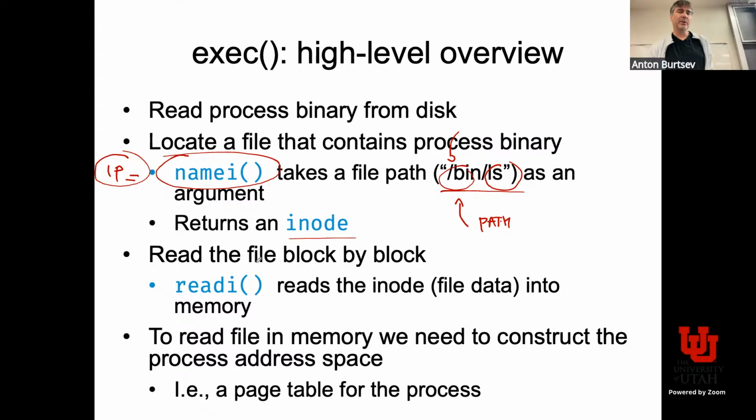So that we will have access to a file which contains the ls binary. This returns an inode. And then we're going to read the binary, which we assume is an ELF file, with readi. Readi takes an inode pointer as an argument, so that's why it's said i. We're going to read this file, understand that it's an ELF file, and similar to how you build the ELF loader in your homework number 2, just load the text section, all the loadable sections, into memory.